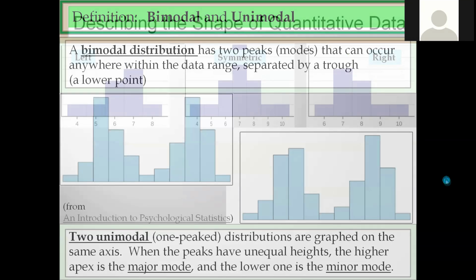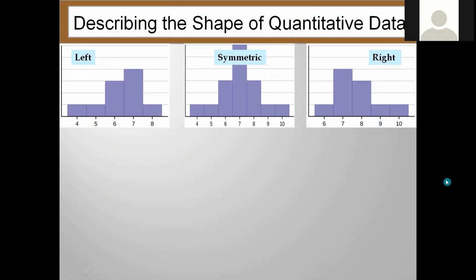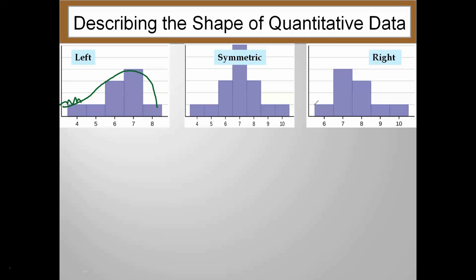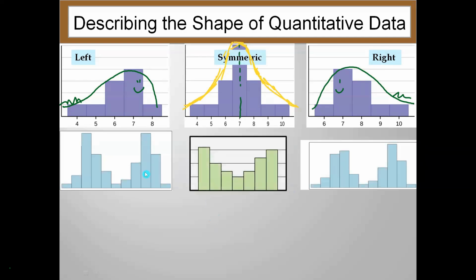So those are the basic types of distribution we care to go over. We have our skewed left distribution, our skewed right distribution, and then we have our symmetric distribution that we typically state is a bell curve or bell shape. Then we have our different modal distributions. We have our bimodal with 2 modes at the very top, our unimodal, which has 2 high peaks, a major mode and a minor mode.